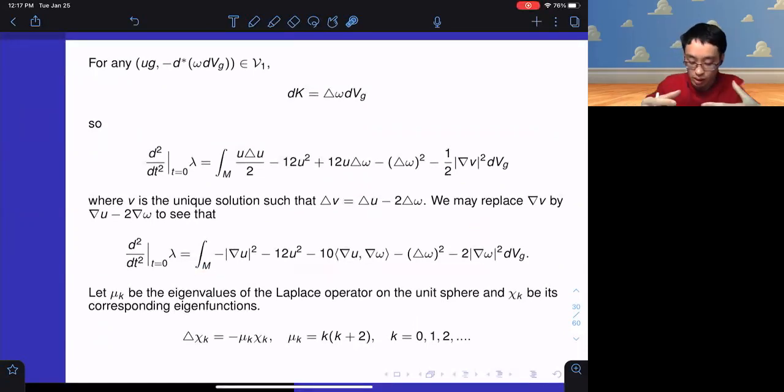Because we are in the unit sphere case, we try to work on it. What is the Laplacian of omega? To figure it out, we will consider the eigenvalues of the Laplace operator on the unit sphere, and chi k will be its corresponding eigenfunction. As we know, this mu k is k times k plus 2, and k starts at 0.